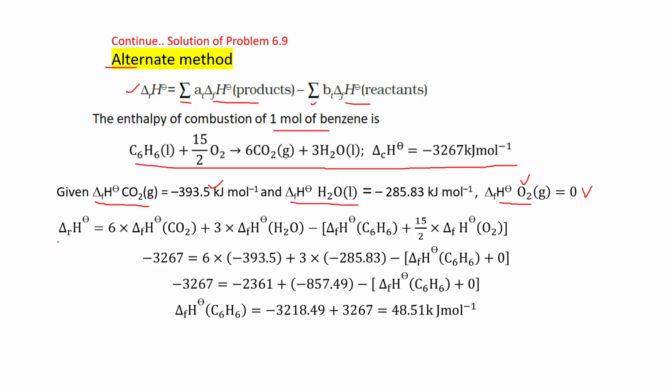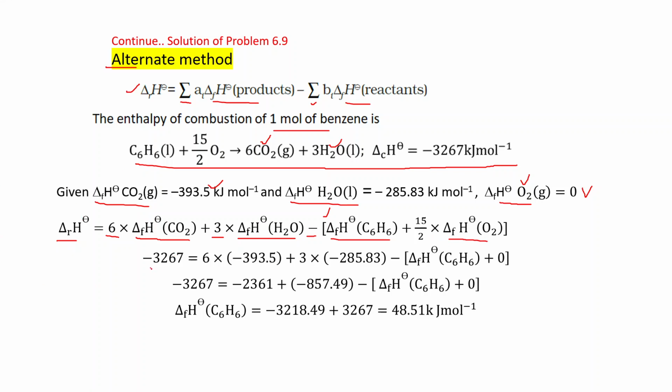Now, the standard enthalpy of reaction is equal to 6 into the standard enthalpy of formation of CO2, this one. Then 3 into the standard enthalpy of formation of water. Then minus, in square bracket, we will write the standard enthalpy of formation of benzene. This we have to calculate. And then plus 15 by 2 into the standard enthalpy of formation of oxygen. Put the values.